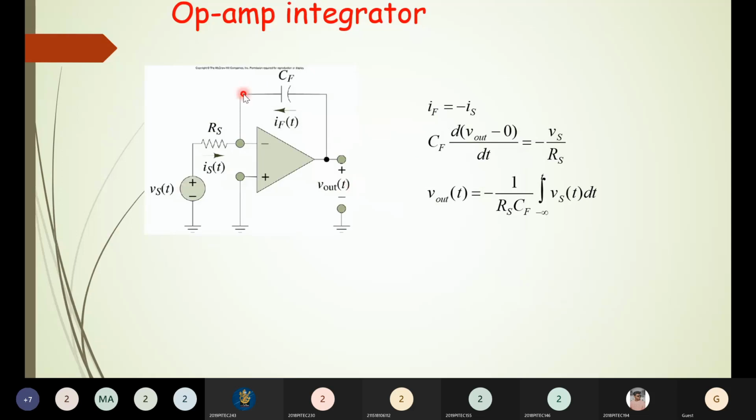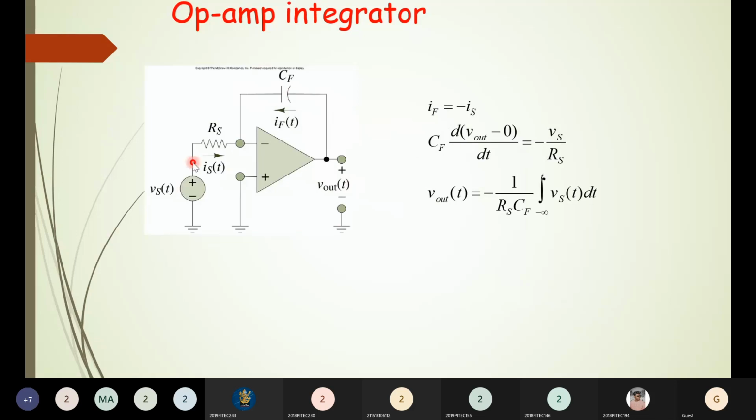In all the circuits we have seen till now, the inverting amplifier, non-inverting amplifier, adder circuit, subtractor circuit, differential amplifier circuit, we always had a resistor in the feedback. Now, for the first time, we are seeing a circuit with a capacitor in the feedback. Whenever you have a capacitor in the feedback, that circuit will act as an integrator.